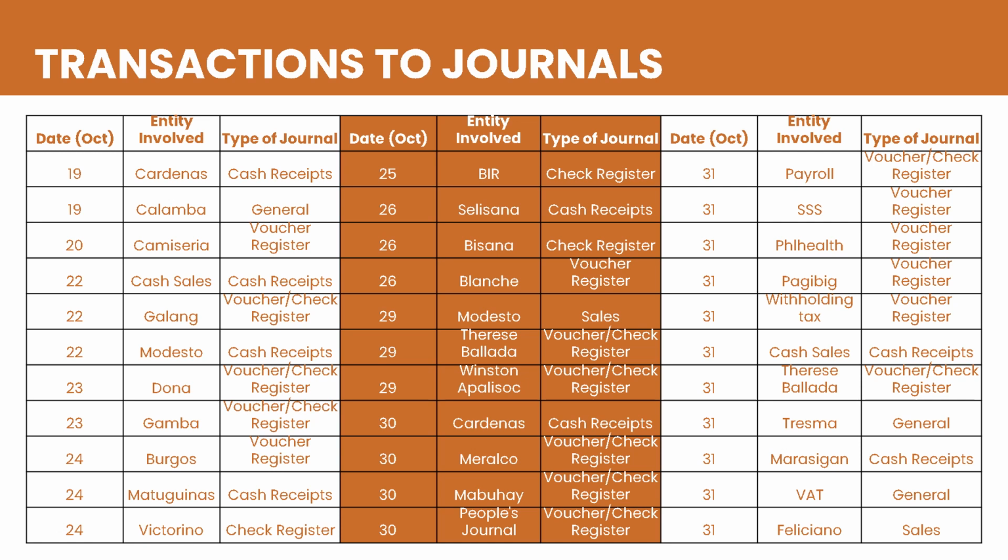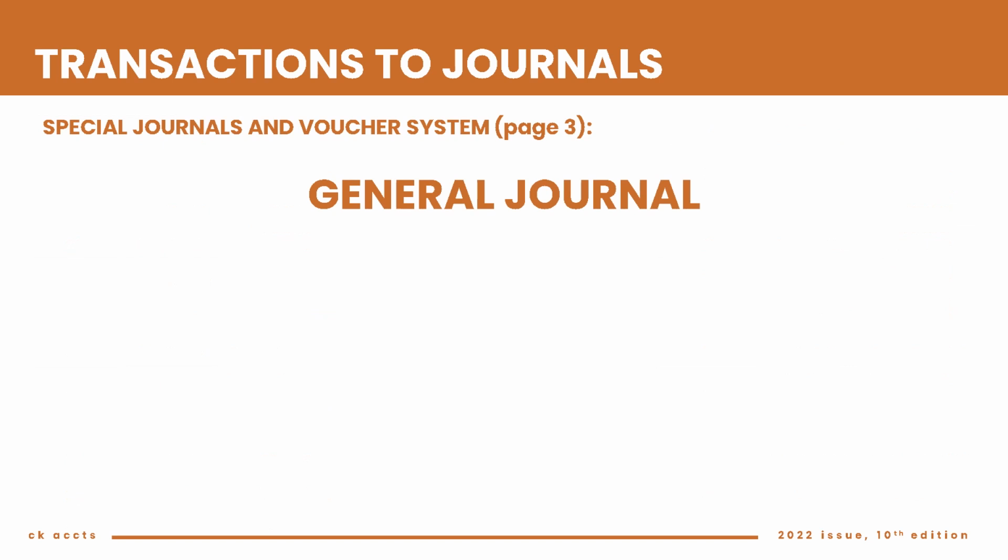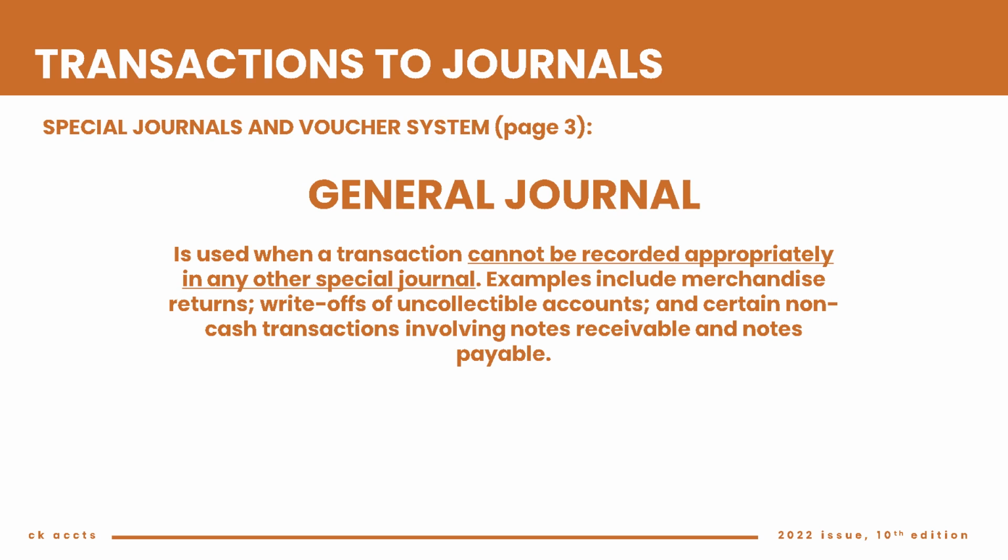Tapos, for this video talaga, ang gusto ko kasing i-focus ay yung about sa general journal. Okay? So, let's define first what is general journal. According to the Special Journals and Voucher System, page 3, it is used when a transaction cannot be recorded appropriately in any other special journal.